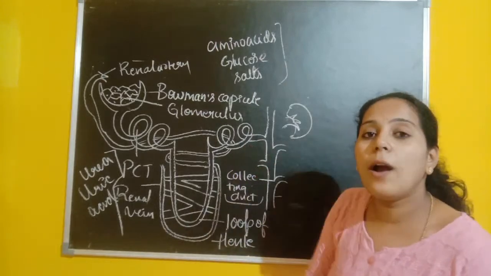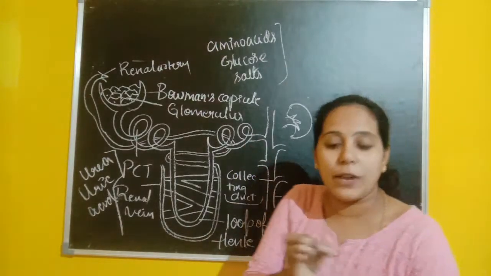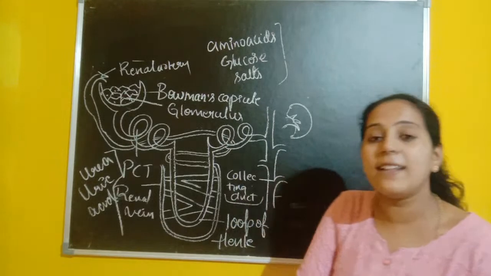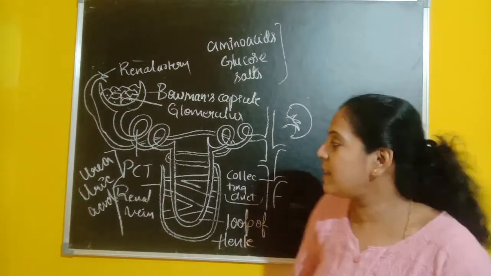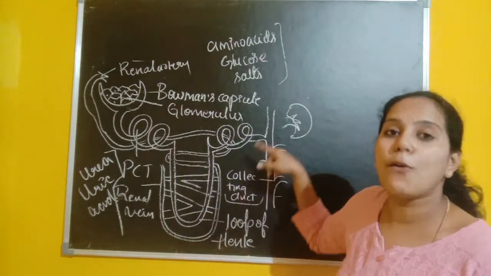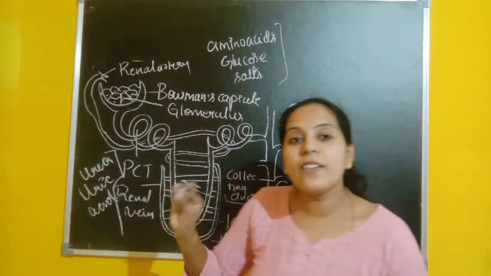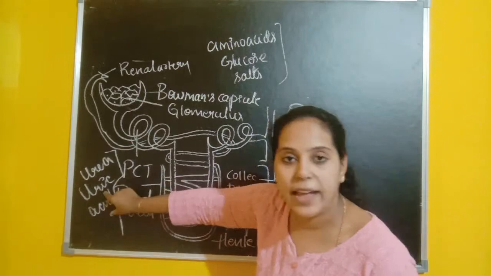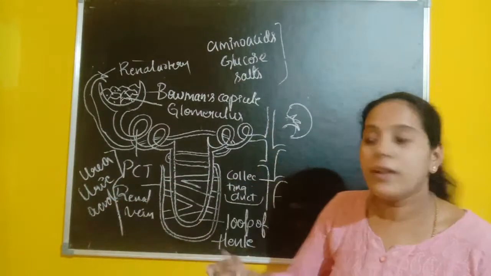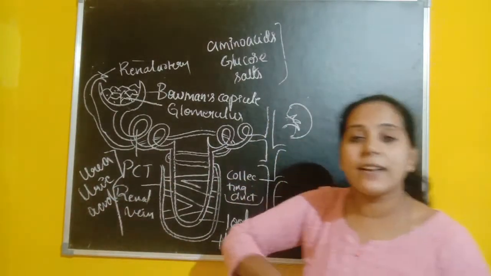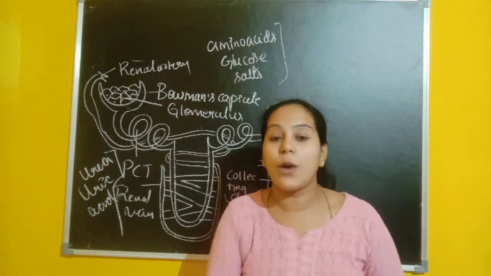After that, the nitrogenous waste materials travel through the loop of Henle and reach the collecting duct. Then nitrogenous waste such as urea and uric acid is thrown out through the collecting duct to the ureters, reaches the bladder and is sent out through the urethra.